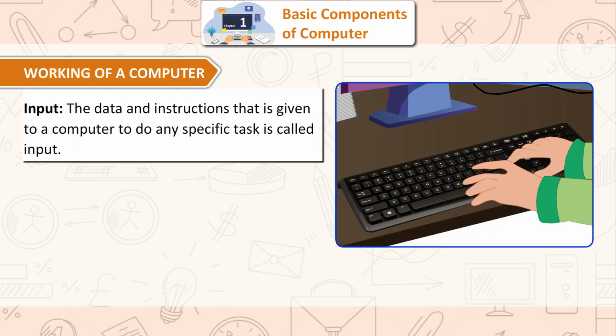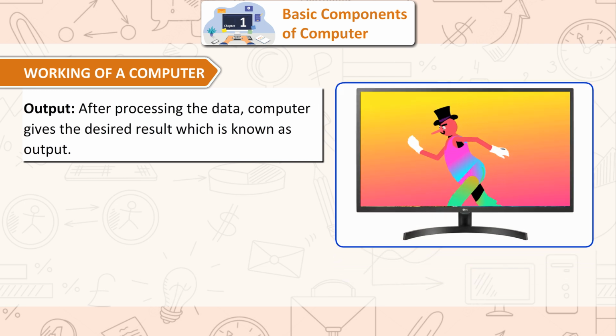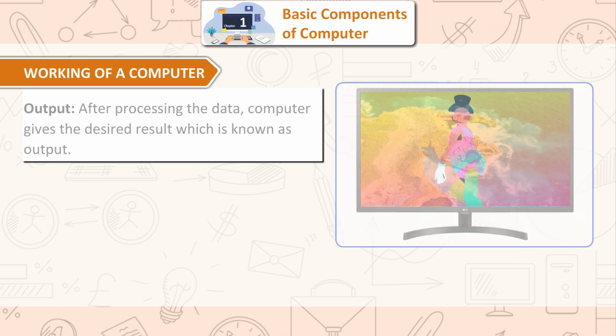Input: the data and instructions that are given to a computer to do any specific task is called input. Process: the computer then converts the raw data into meaningful information. This is called processing. Output: after processing the data, the computer gives the desired result, which is known as output.